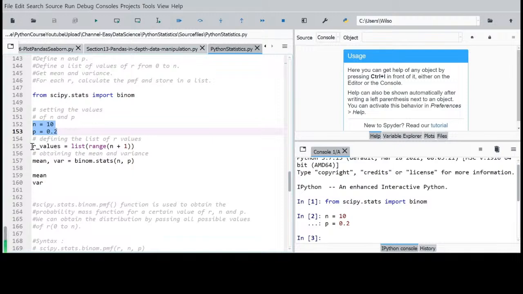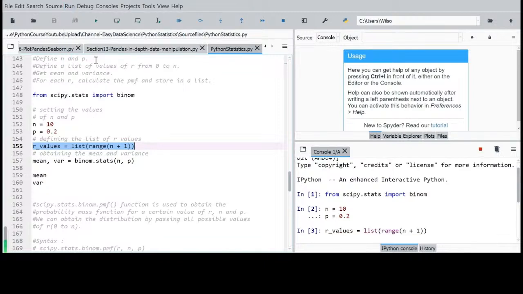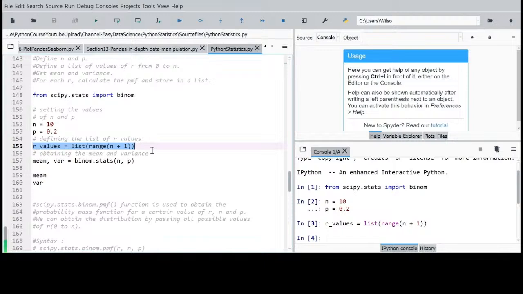So next, we define a list of integer numbers from 0 to n, because success can occur 0 times, can occur 1 time, can occur 2 times, and so on, and at most can occur n times out of all n trials. So next we use the binom module's stats function to calculate the mean and the variance of this distribution.